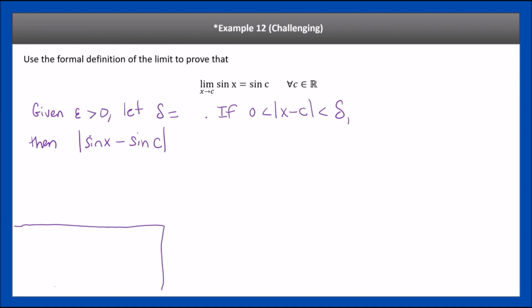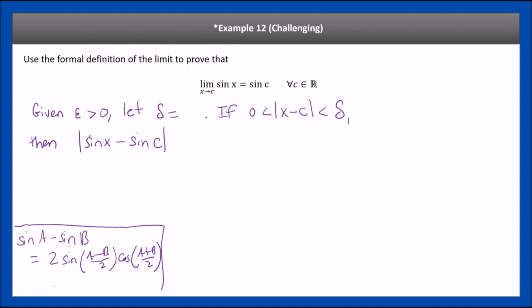But here's the identity: sine of A minus sine of B is equal to 2 times the sine of (A minus B) over 2 and cosine of (A plus B) over 2. So that's one of the sum to product identities. Of course, this is a difference, so it's a difference to product. But that's one of the identities.